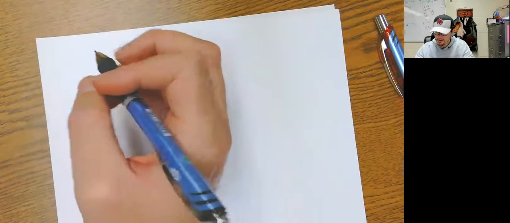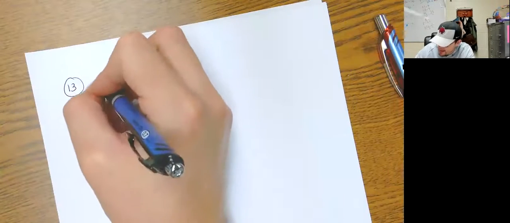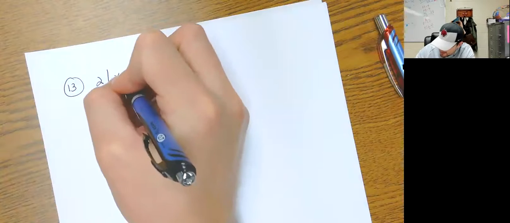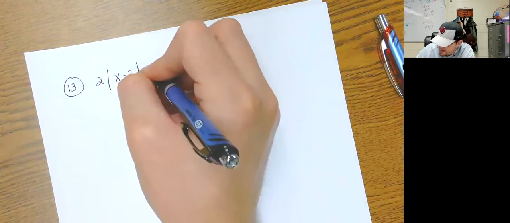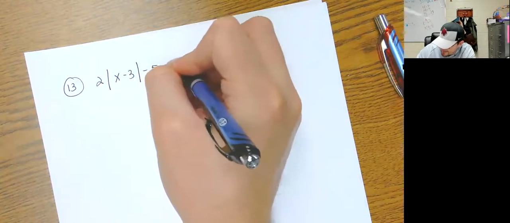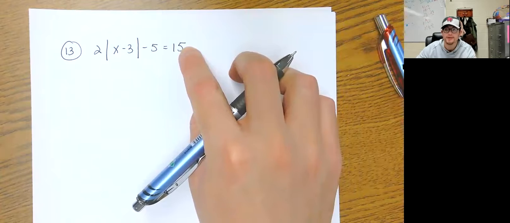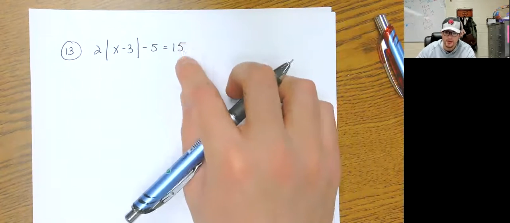So if you have this problem 13, let's say you have 2 times the absolute value of x minus 3, and then minus 5. This is not necessarily what my students will be getting when watching this video, but this is an example of what I mean.